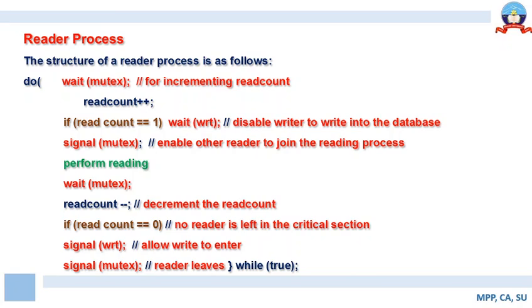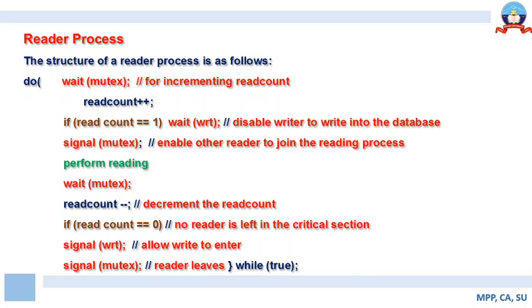So write is disabled. Once the write is disabled, we can allow other readers to come into the reading process, because the first imposition of the reader-writer problem says that you can have more than one reader simultaneously reading a file. In order to facilitate that, I need to change the value of mutex to enable other readers to join the reading process.